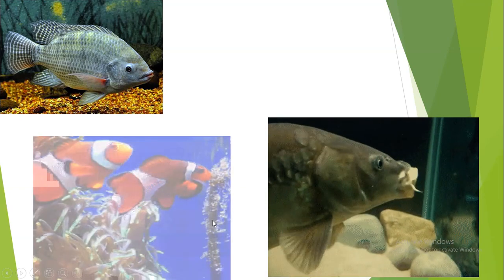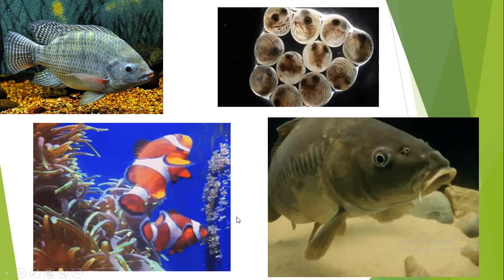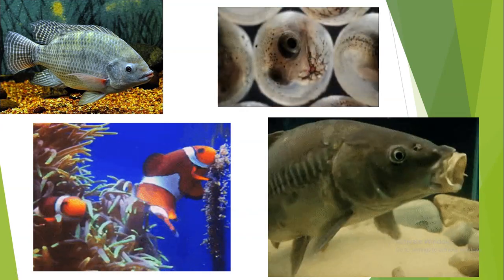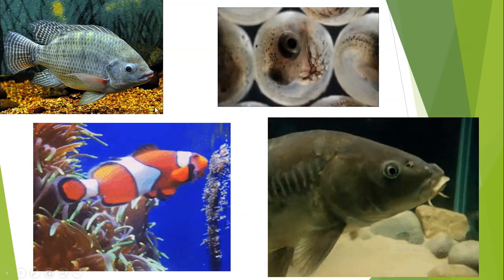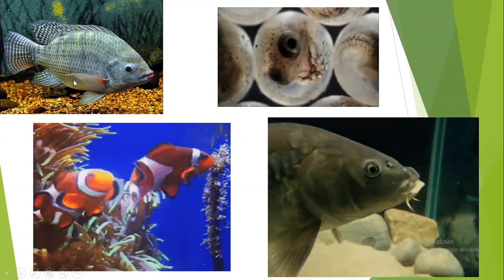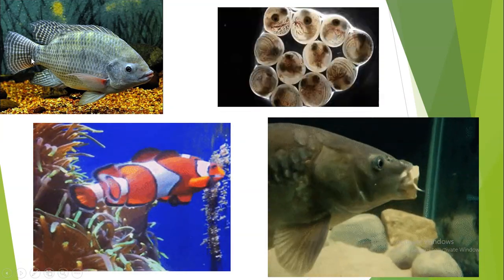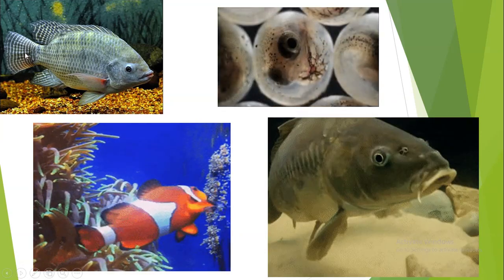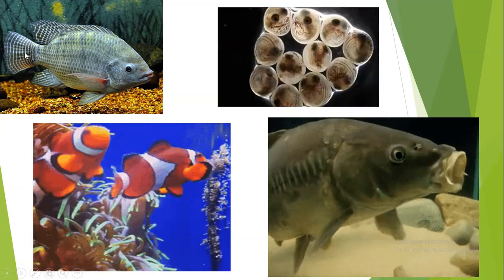Now we're going to talk about fish. Fish are vertebrates that live in water. They have a spindle shape. They have long, narrow bodies that make it easy for them to move through water.